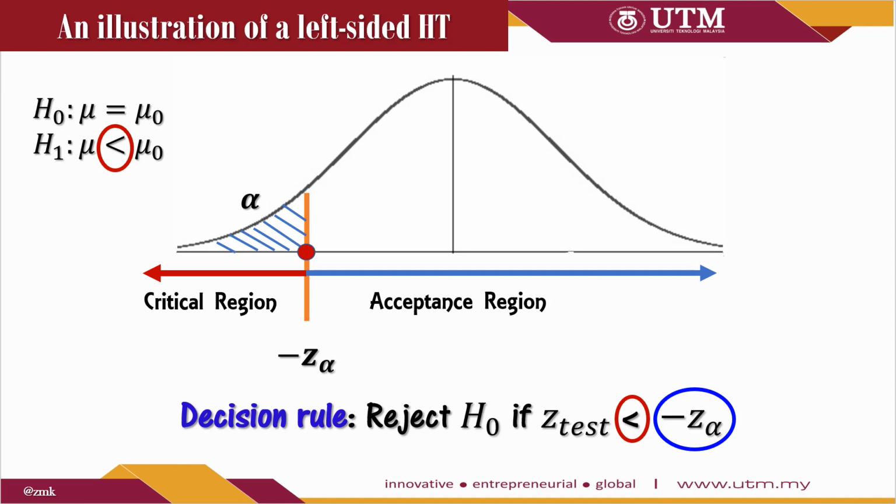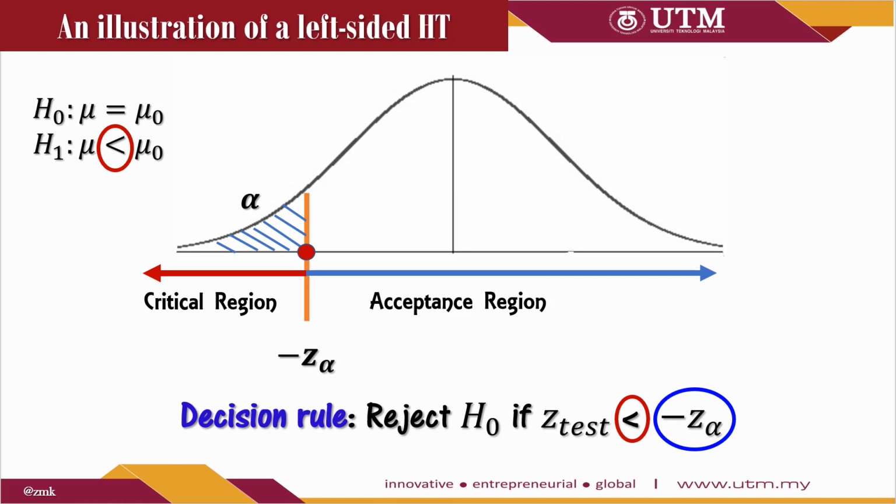If the calculated Z test is in the critical region, that is, if Z test is smaller than negative Z alpha, we will reject H0 in favor of H1 and conclude that the population mean mu has decreased or become smaller than mu naught.